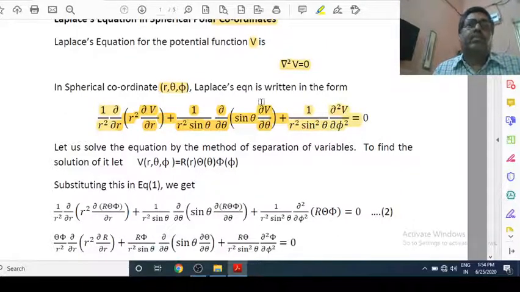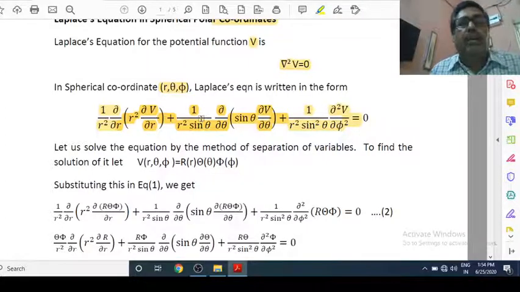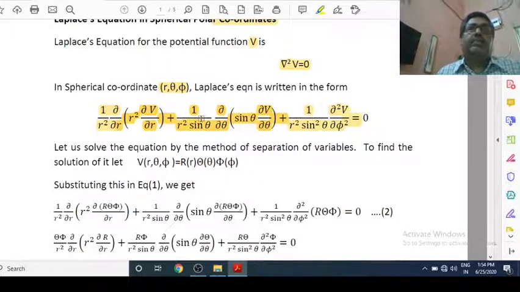So we will adopt a technique in which each and every term will be arranged in such a way that it is a function of its own variable only, either r or theta or phi. The first term you can already see here, then the second term, third term.